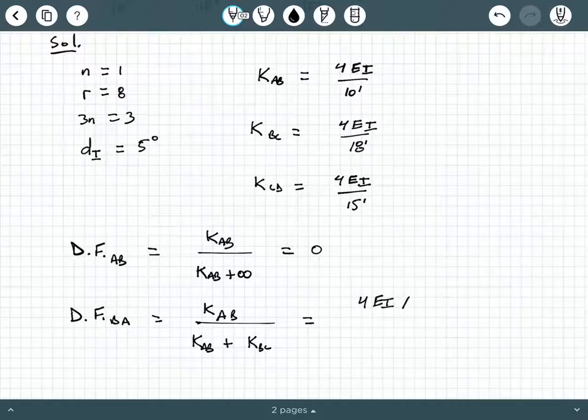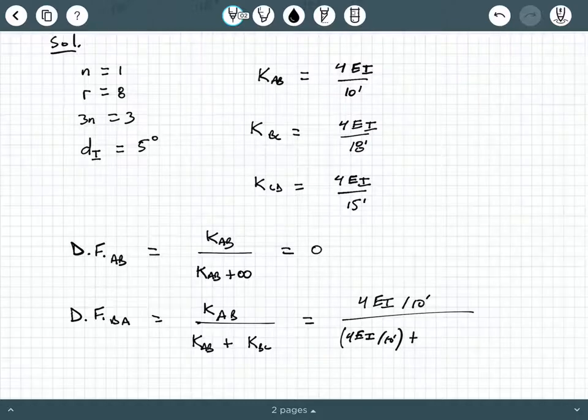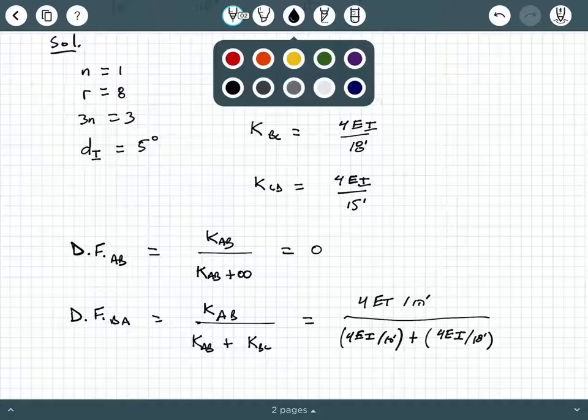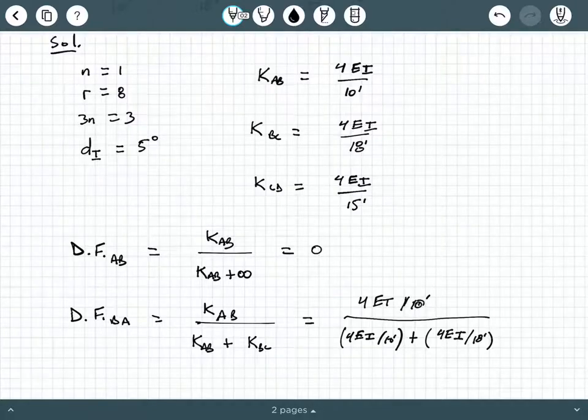So that's KAB divided by KAB plus KBC. Okay, so when we punch this through, we get 4 EI over 10 feet divided by 4 EI over 10 plus 4 EI over 18 feet. Okay, so one thing I want to point out here is that because EI is constant, all the EIs will cancel.